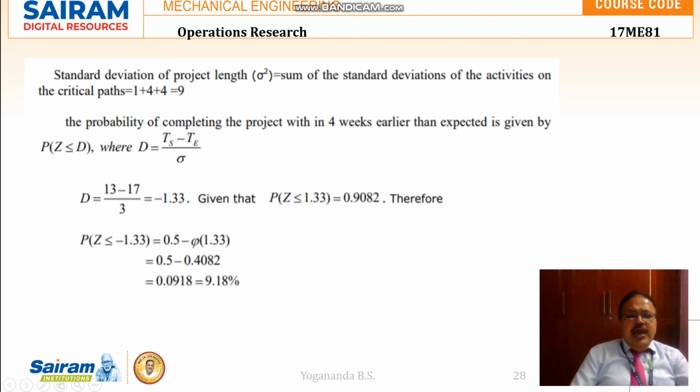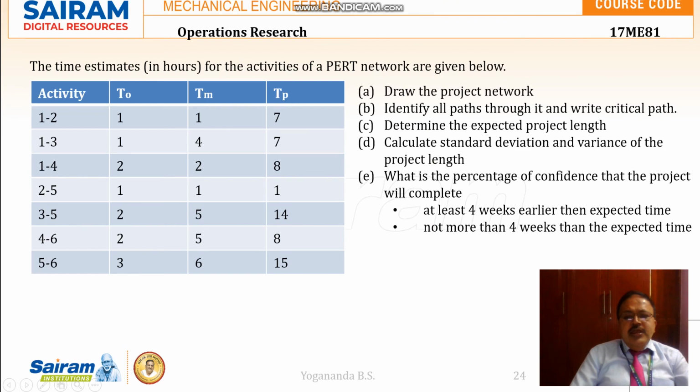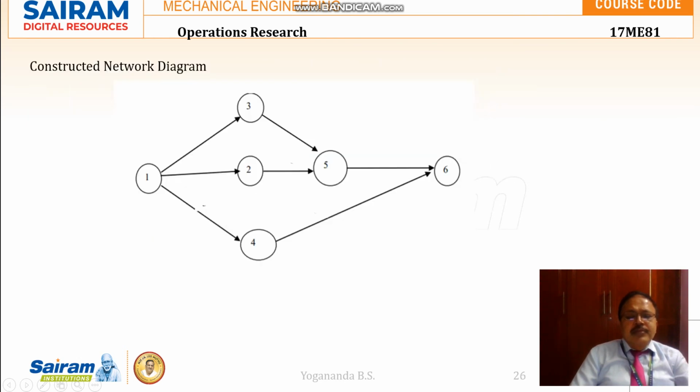So it is asked to find the probability of completing the project in less time than the expected time, and the probability of completing the project in excess of 4 weeks. So that is 4 weeks earlier than the expected time and 4 weeks more than the expected time.